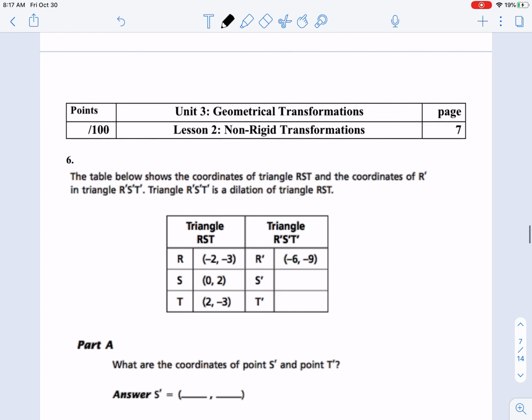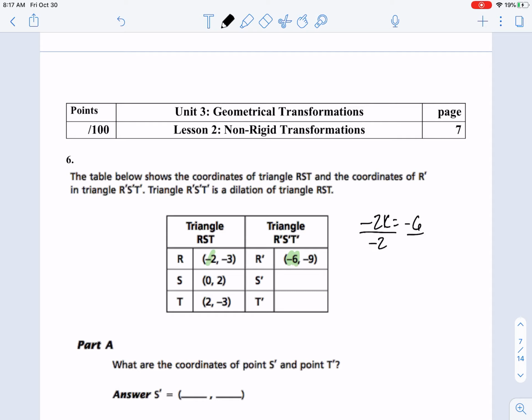If you have a table, right, and it gives you your coordinates, figure out what times my pre-image value equals. So -2 times what is -6. So -2K equals -6.